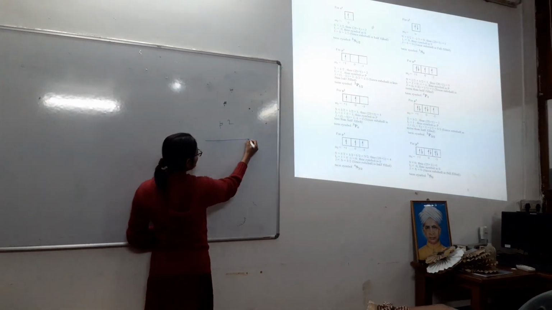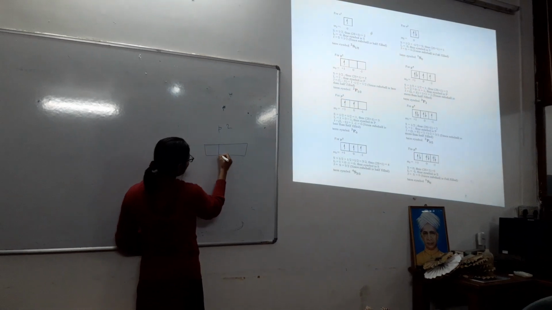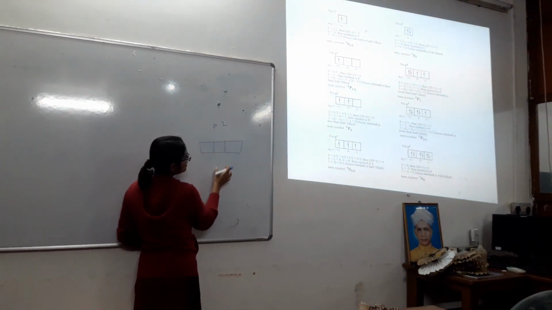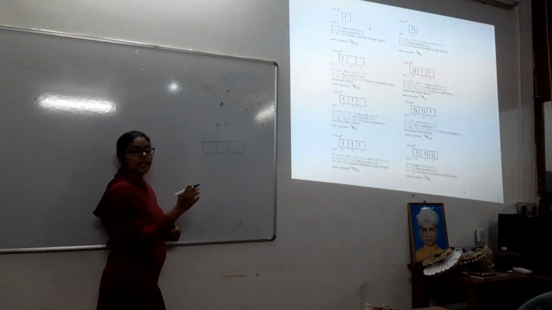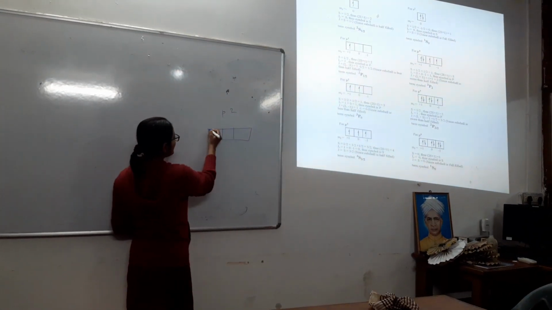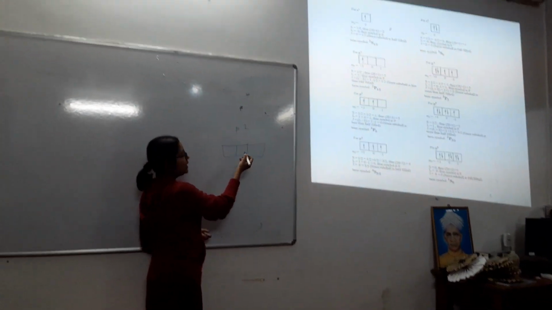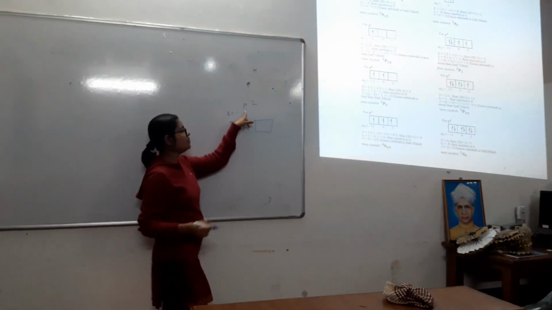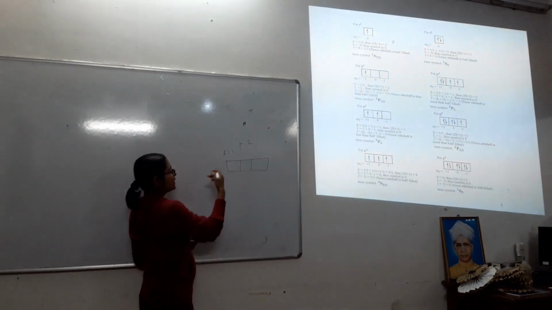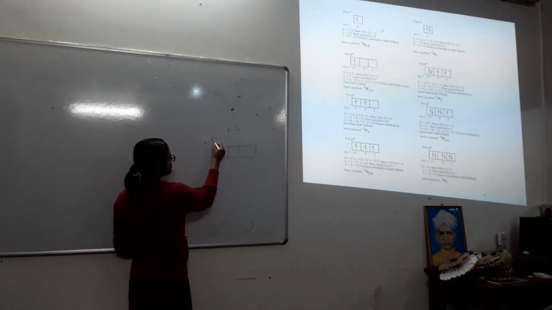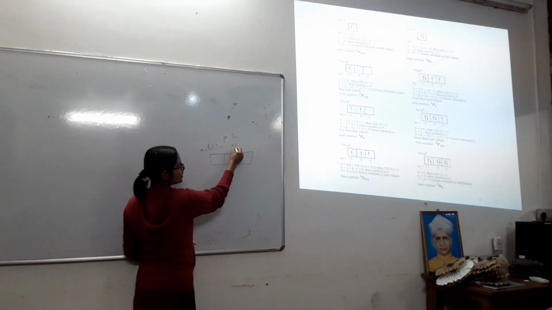Now we know this p orbital has three orbitals actually, px, py, pz, and for p the azimuthal quantum number L is 1. For any p orbital L is 1, and the M value is -1, 0 and +1.